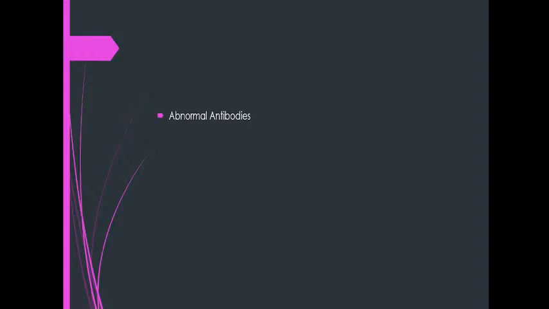Their products are abnormal, so the antibodies are non-functioning, or semi-functioning, or if they function, they target the wrong things. Sometimes they target the human body itself. So it's a detriment not only to the patient but also to the cells of the patient.